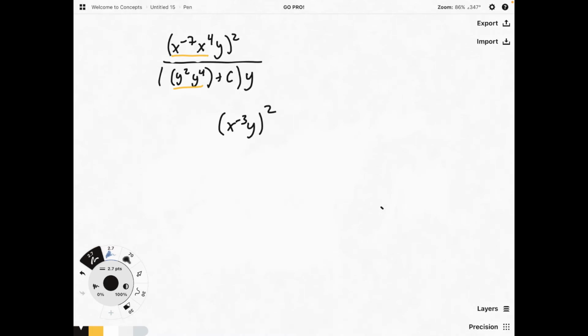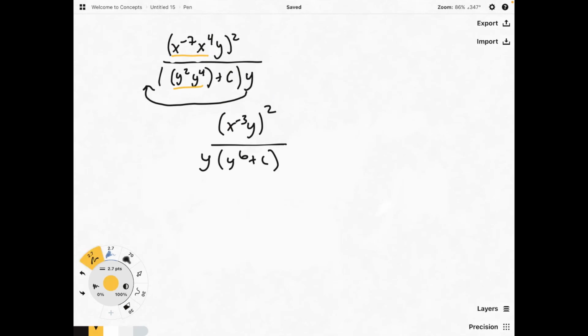This raised to this 2 power. And then we divide that by, and then I'm going to bring this y out in front just because I like to see it out in front and I don't want to miss it. So we have that y there, and then we do 4 plus 2, which is y to the 6, and then we have our c value there.